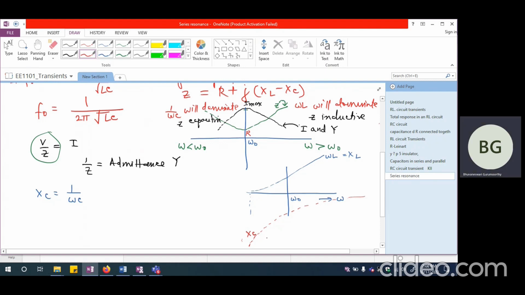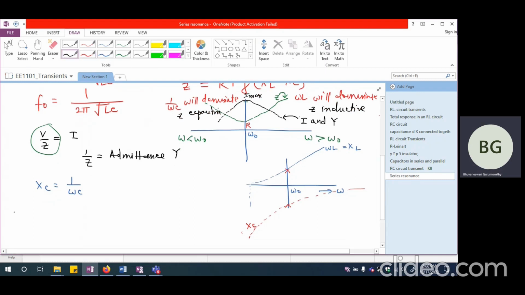Okay. So in general, we are actually looking at both XL and XC having the same value but of opposite sign when we are looking at the frequency being equal to omega naught. Now we also define one more thing called quality factor. When I was defining quality factor in the last class, I had left out the 2 pi factor.